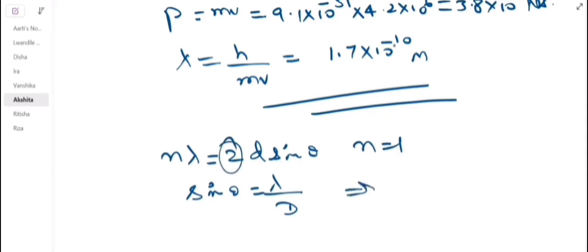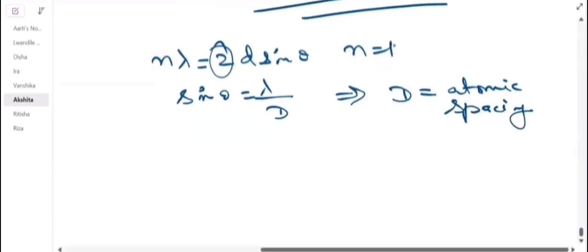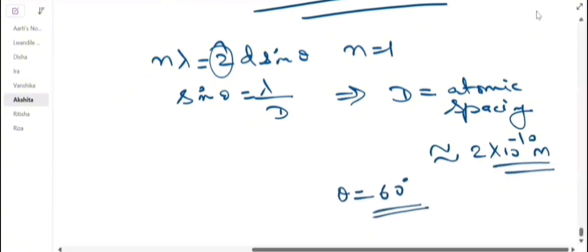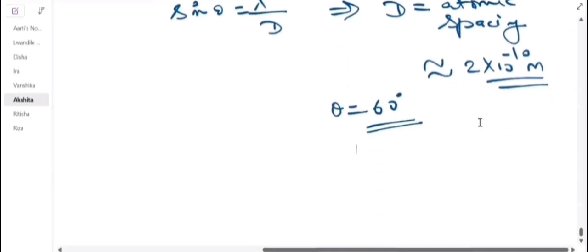From here we can say that d is the atomic spacing, which is nothing but 2 into 10 to the power of minus 10. And the theta is calculated as 60 degrees. So basically it is the distance between the fringes, or the atomic spacing as we also say.